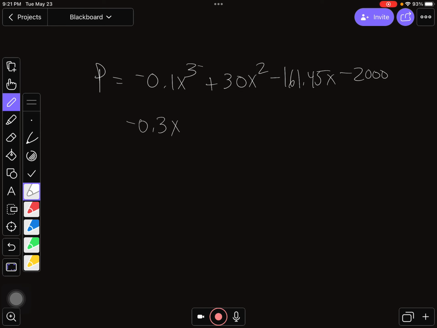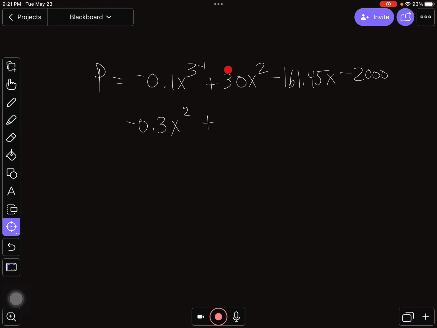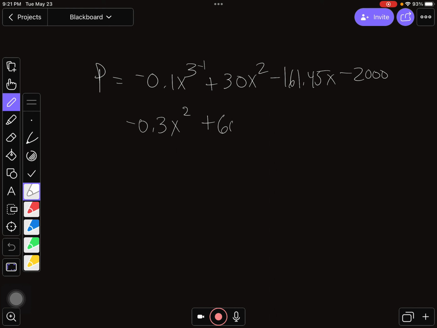And remember the power rule, we subtract 1 from that exponent. So it's going to be a 2. Then I'm going to go plus. I'm going to put the 2 to the front. 30 times 2, that's 60 x. And then again, power rule, we subtract a 1 from the exponent. That's going to be a 1. Now I go minus.